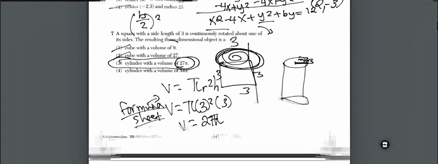Okay? Question number 8. Line K is represented by the equation 4y plus 3 equals 7x. Which equation represents a line that is perpendicular to line K and passes through the point -5, 2?